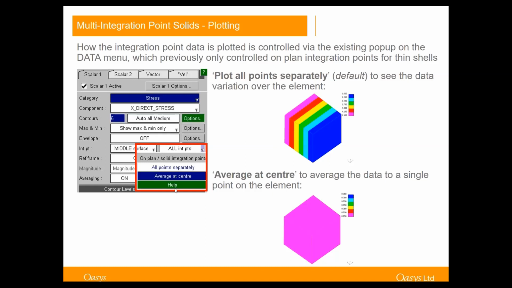And you can set that to either be all the points separately, in which case you can see the variation of data across an element as shown by the image at the top on the right, or you can set it to average at center, in which case the multiple integration points are averaged and you get a single constant value across the whole element, as you can see at the bottom. And that's what you would see in version 14.